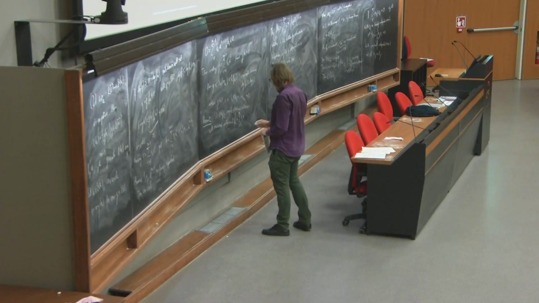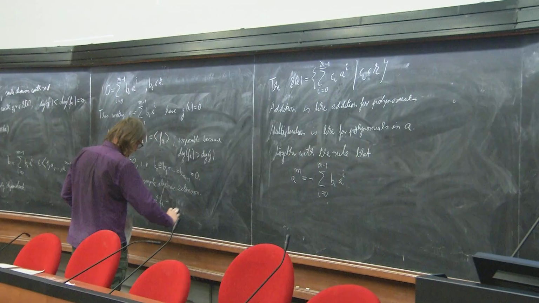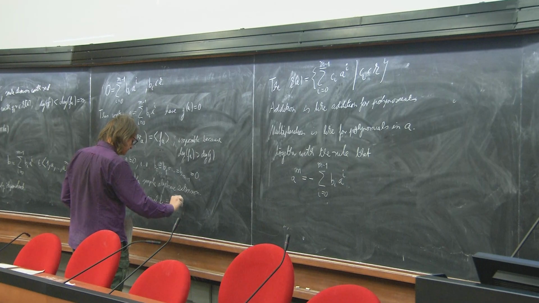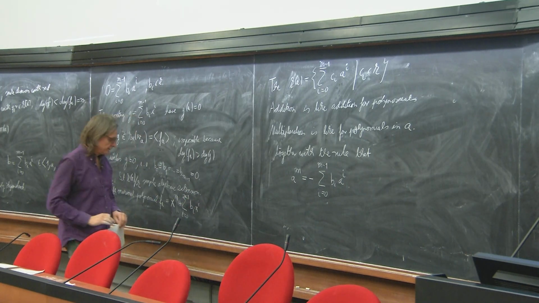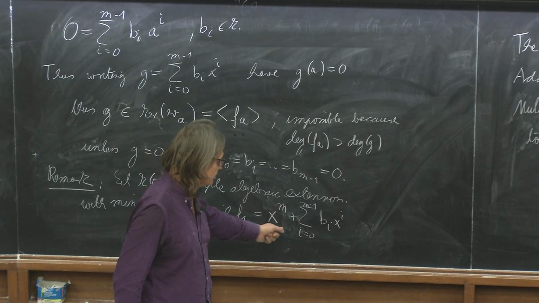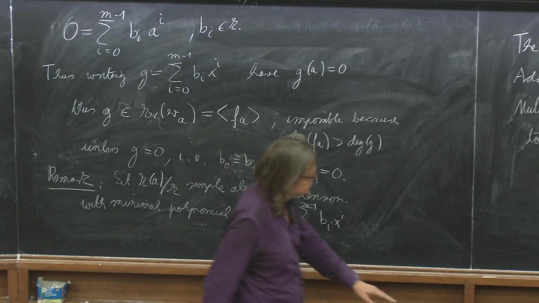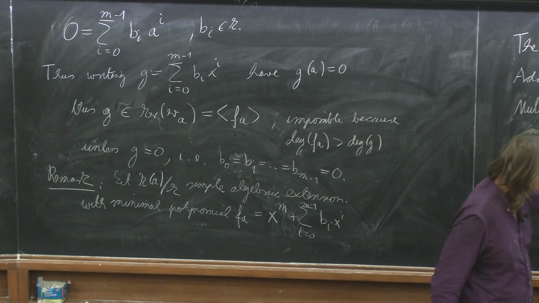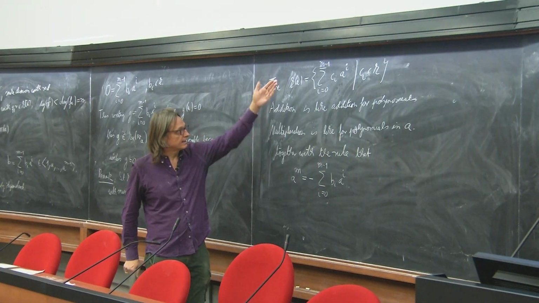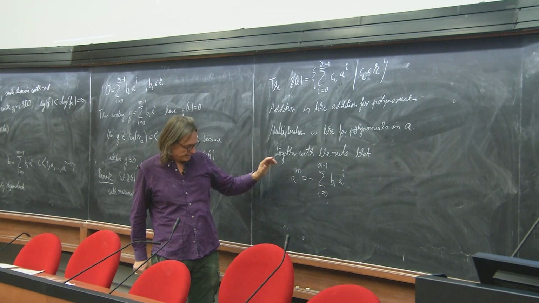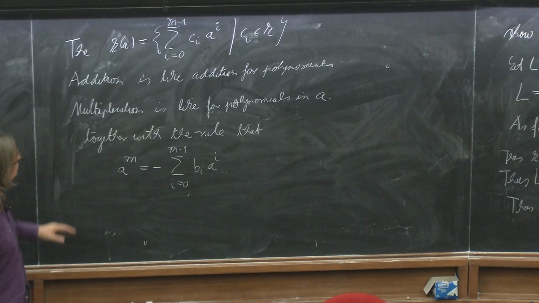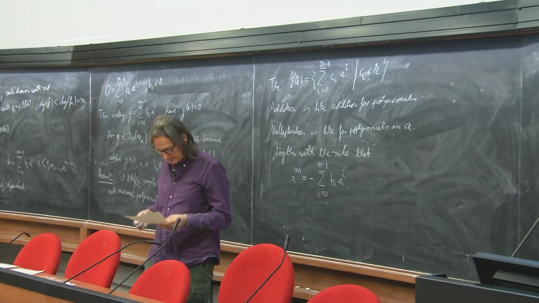I should write it better, because f is a monic polynomial, so it's x to the m plus the sum i equals 0 to m minus 1 of b_i x to the i. If I put a into it and bring this to the other side, we get precisely that f(a) equals 0 is this statement. And so whenever we multiply things out and encounter powers bigger or equal to m, we apply repeatedly this rule until we get something expressed in this form. And so this gives us also the ring structure or the field structure.